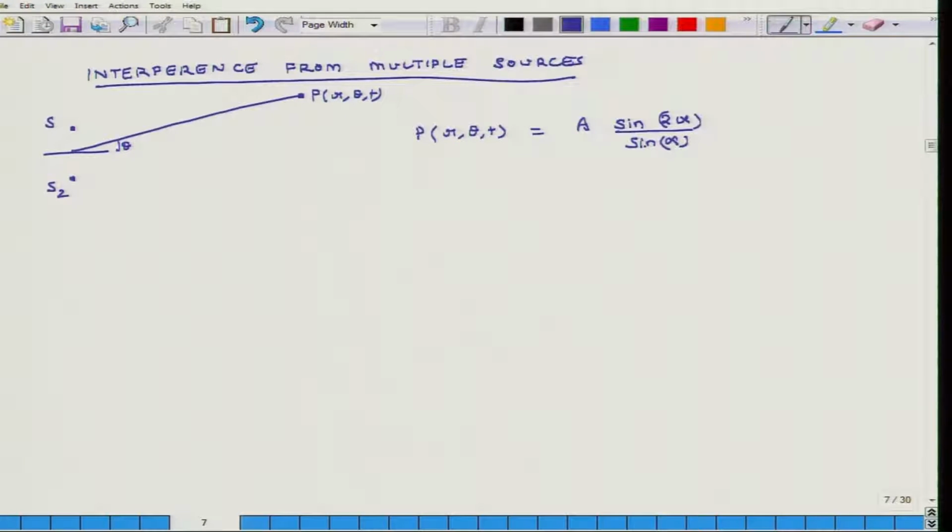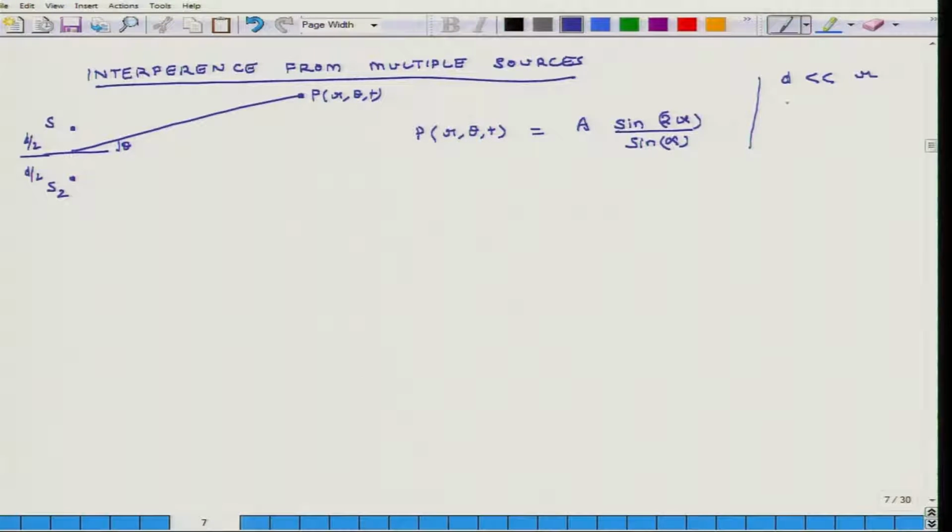Of course, this result is correct as long as some important assumptions hold. What are those assumptions? That d is very small compared to r, where d by 2 is the distance from the midplane to the second source.